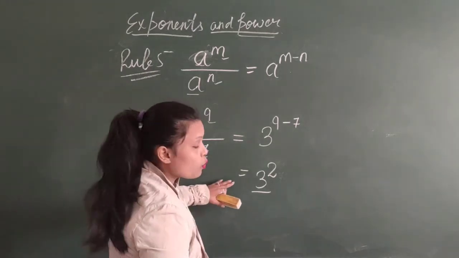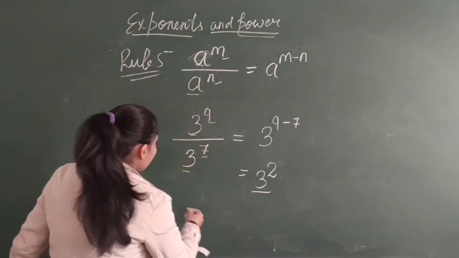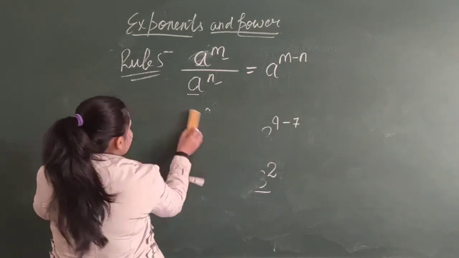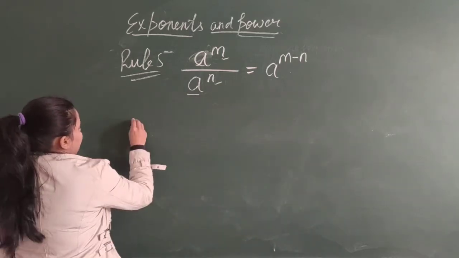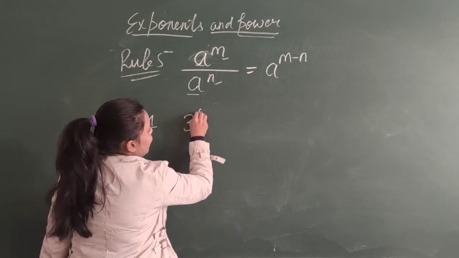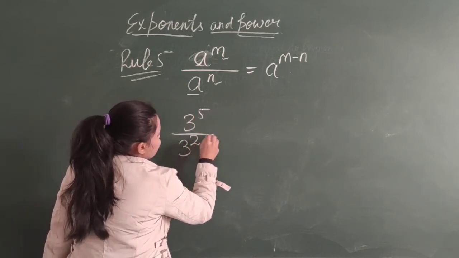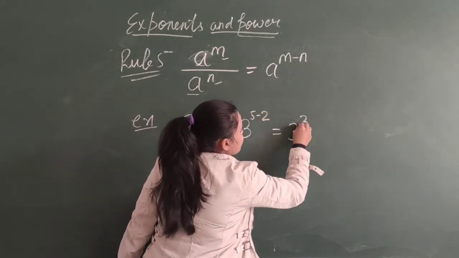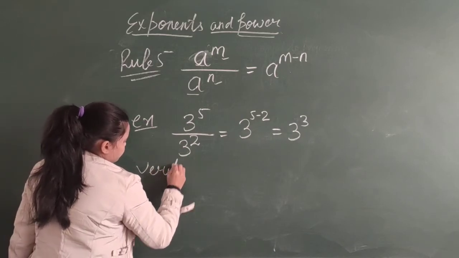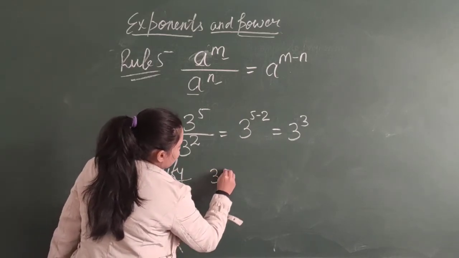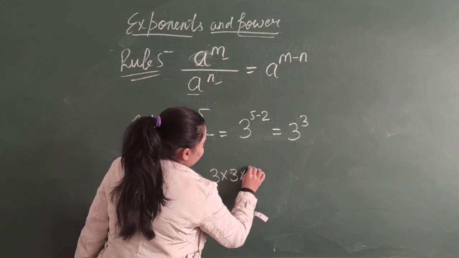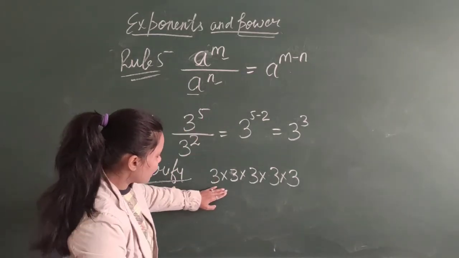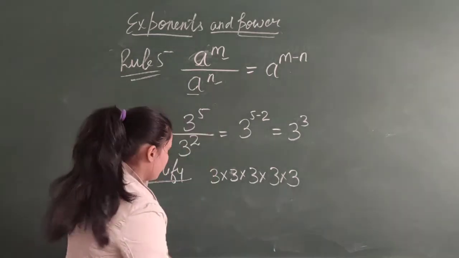If you want to verify this formula, we can do one thing. Let's take one example with a smaller power. 3 raised to power 5 divided by 3 raised to power 2. It will give you 3 raised to power 5 minus 2. That means 3 raised to power 3. Let's verify it. 3 multiply 3 multiply 3 multiply 3 multiply 3. 3 raised to power 5 means 3 is going to multiply 5 times.